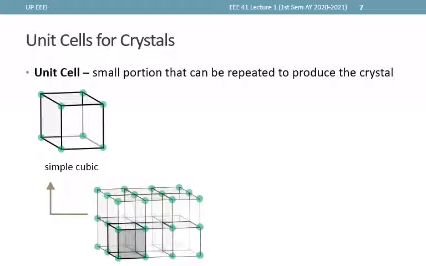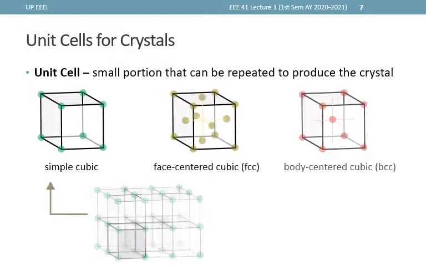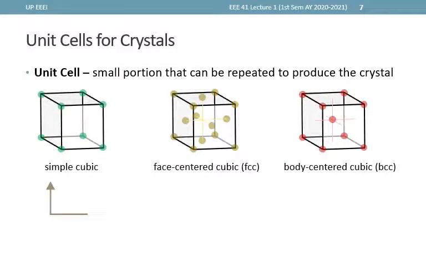There are other unit cell types such as the face-centered cubic or the FCC, the body-centered cubic or BCC, and a lot more, which include non-cubic unit cells. Visually, we can say that the unit cell for silicon is not among the three shown in the figure. So what is the unit cell for silicon?